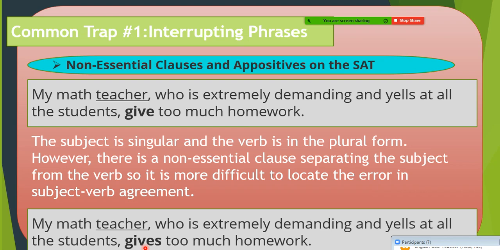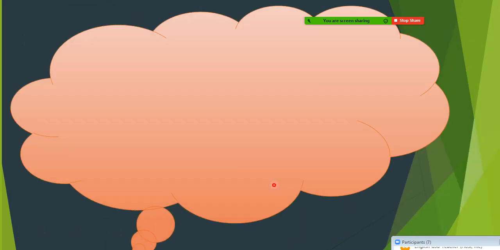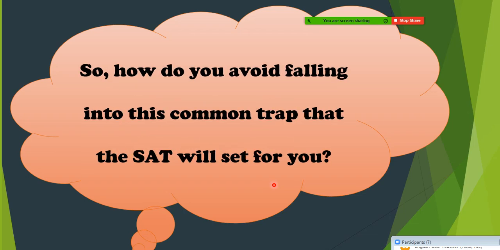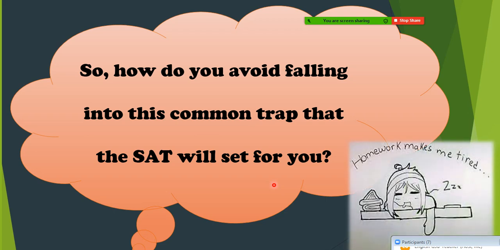Does the sentence in the middle have an error? No. This is the relative clause, just placed in the middle. I'm asking about the main one. If I eliminate this part, who is extremely demanding and yells at all the students, what will be left for you? My math teacher give too much homework.